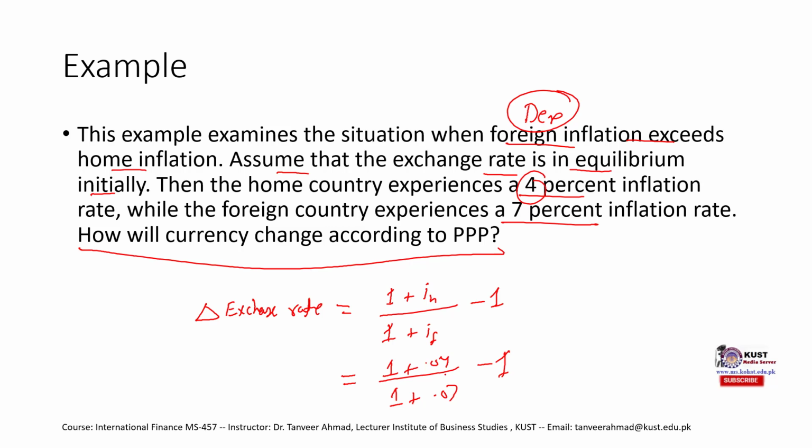Remember, we need the answer in terms of foreign currency, right? So this would be 0.97 minus 1. So this is the simplification of this part of the equation, and this would give us minus 0.02 or 2%. Minus 2%.